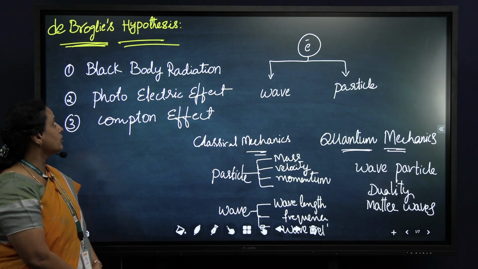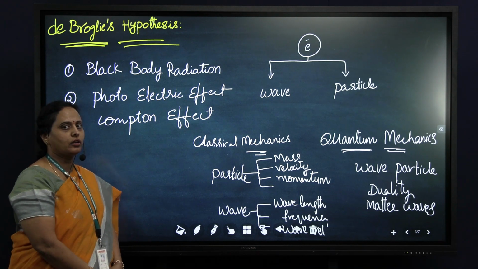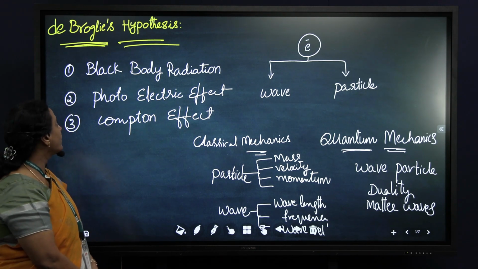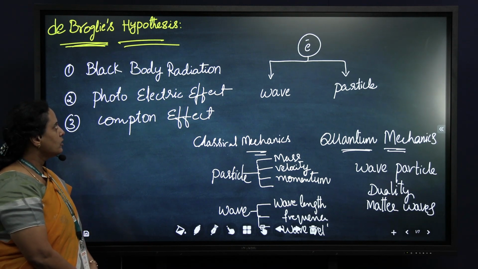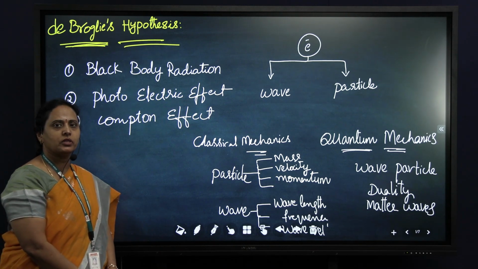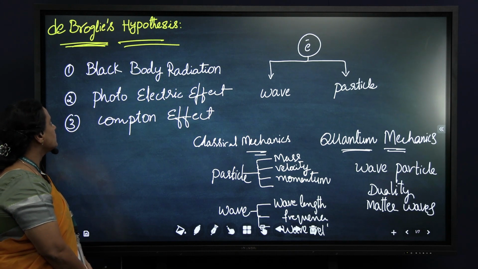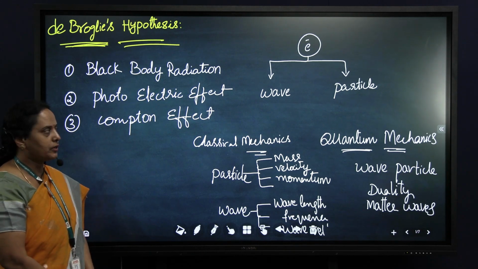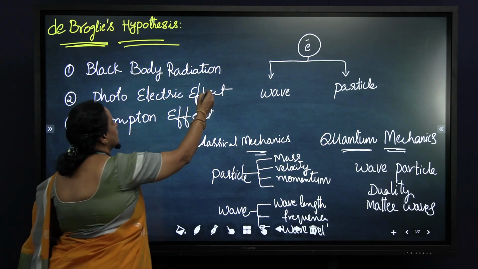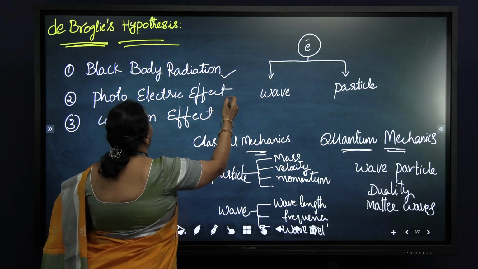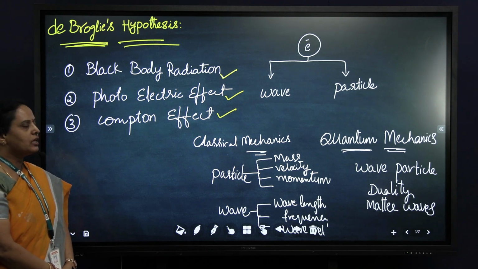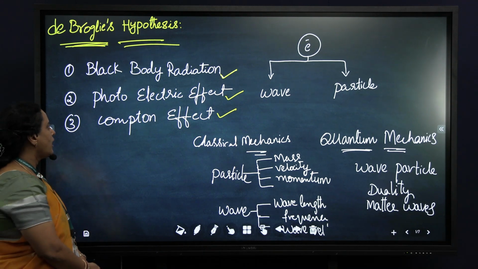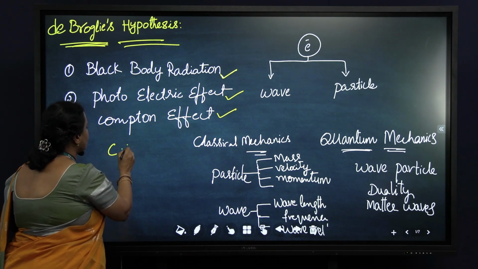In this second video lecture of quantum mechanics, today we are going to discuss the de Broglie hypothesis. What exactly is the de Broglie hypothesis and what are the outcomes of his experiment? Black body radiation, the photoelectric effect and the quantum effect were not explained by classical mechanics.